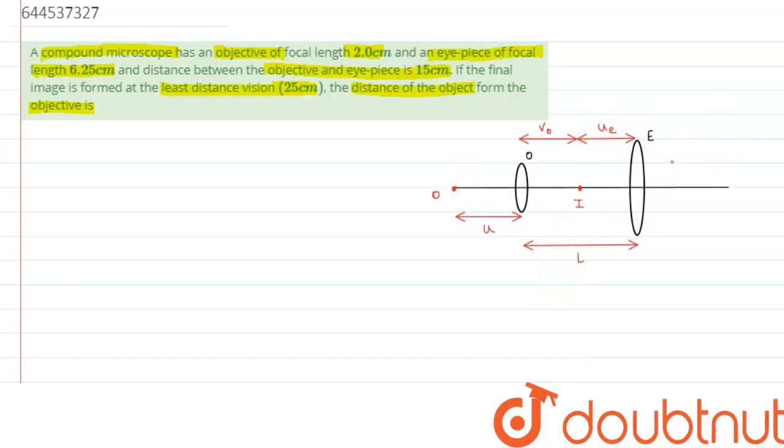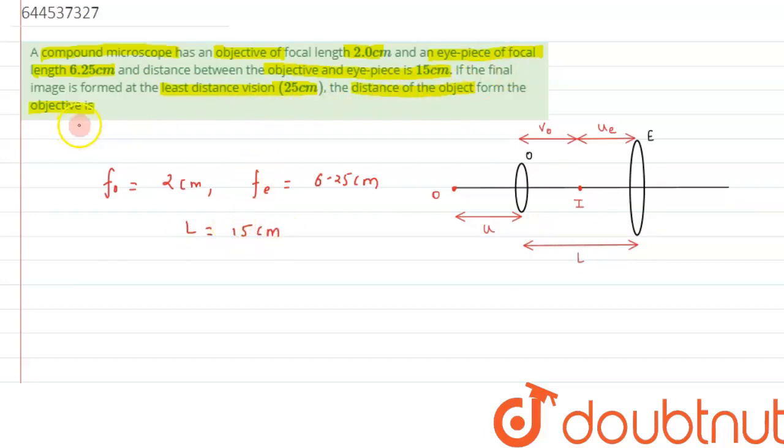So from here we can see we have been given the focal lengths. Focal length of objective is 2 cm, focal length of eyepiece is 6.25 cm, and the distance between objective and eyepiece, that is L, has been given as 15 cm.